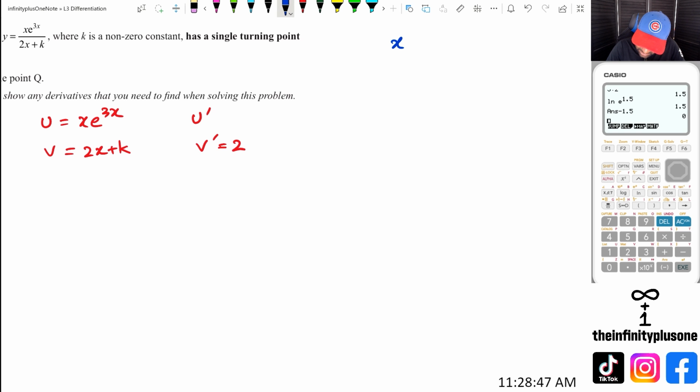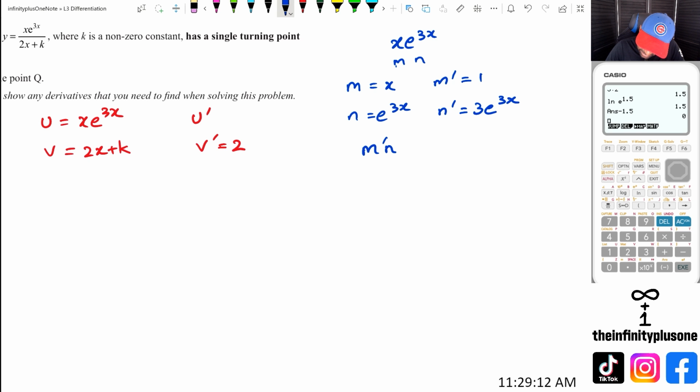So I'm going to go x e^(3x). I'm going to put down f and g for, I don't know, what other letters can I go? m and n. So m is equal to x, n equals e to the power of 3x, m dash is equal to 1, n dash is equal to 3e^(3x). So u dash would then be m dash n plus m n dash.